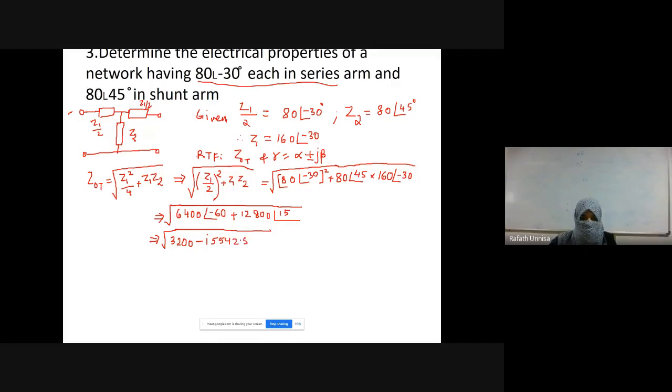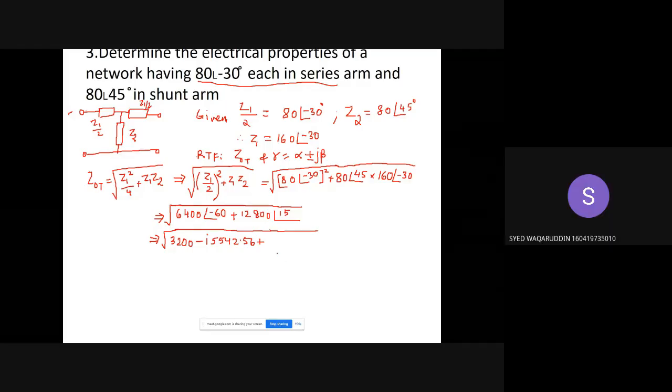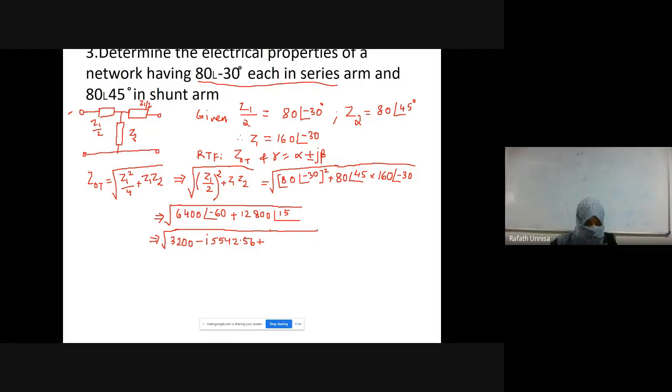This is what you have got. Then we have next 12800 at an angle 15. Convert into rectangular form and give me the answer. Others, I expect you to enter in the chat box parallelly. 12363.85, right? Plus j3312.883.